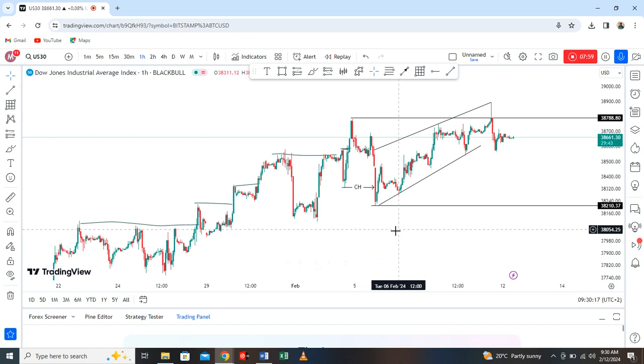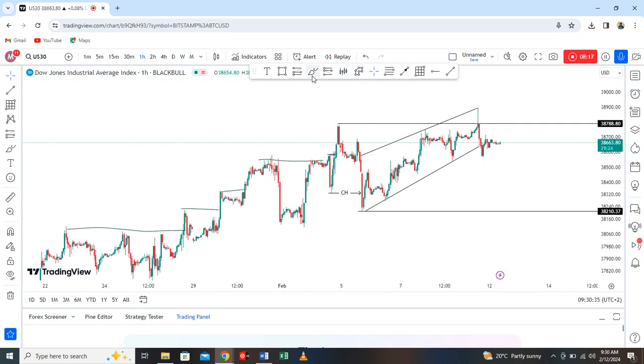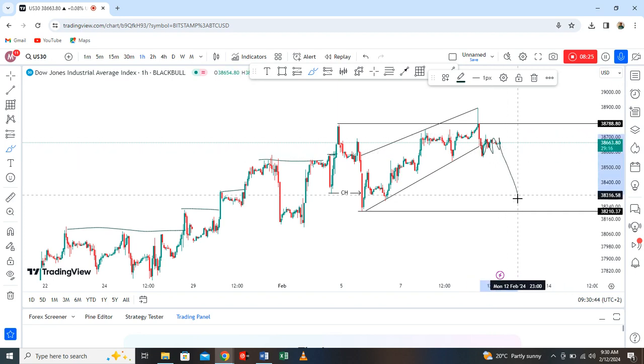So how am I gonna take this one? I know that the price took out this trend line. If I may extend this one to here, we can see that the price did take out this trend line, or it broke this channel. So how am I gonna take this one? It's gonna be to wait for a continuation pattern here, and then we go to the downwards.